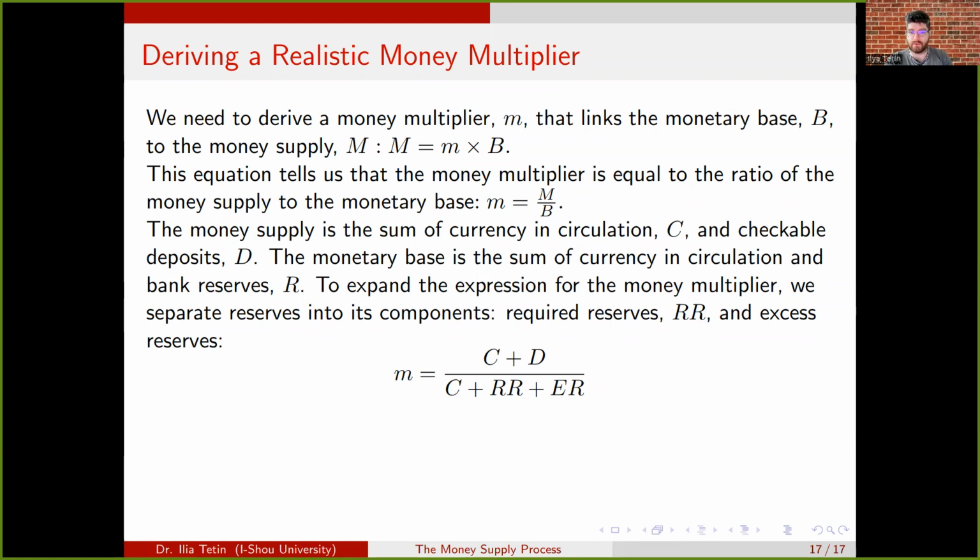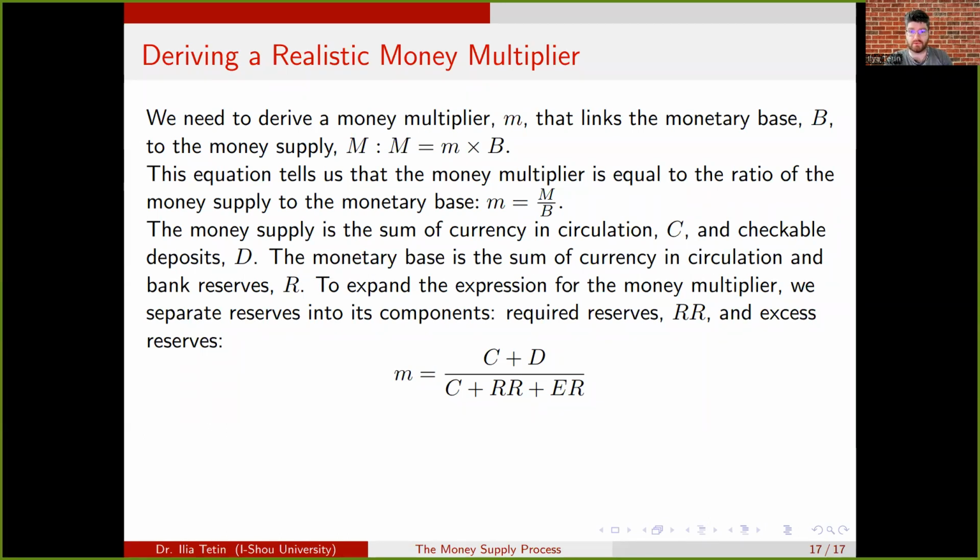Keep in mind that we are interested in the non-bank public's desire to hold currency relative to checkable deposits, and banks' desire to hold excess reserves relative to checkable deposits. And this drives us to capture the behavior in our expression for the money multiplier.